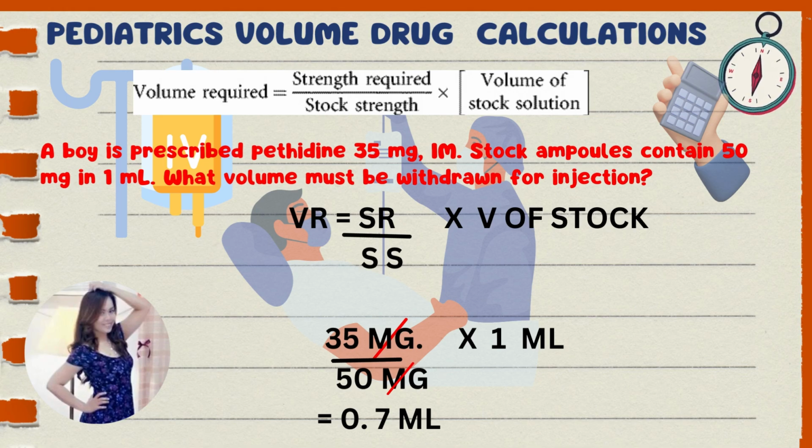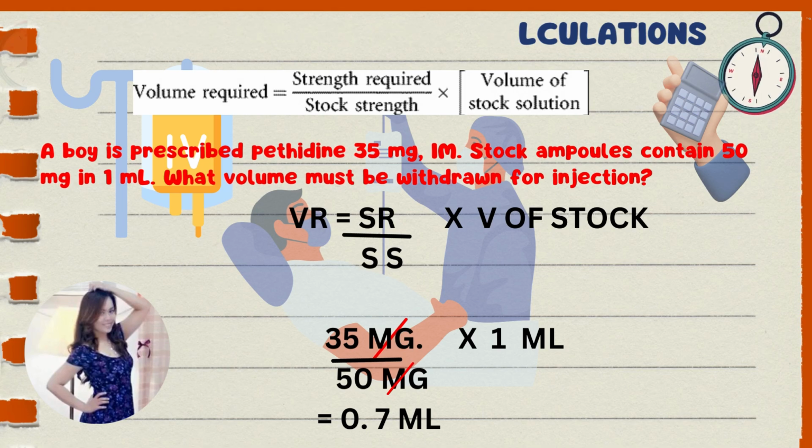What volume must be withdrawn for injection? Going back to the formula, 35 milligram divided by 50 milligram times 1 ml. So the answer is 0.7 ml to be given to the child.